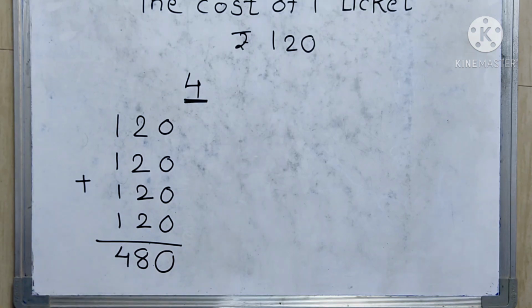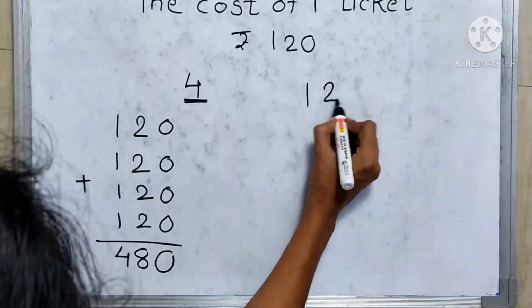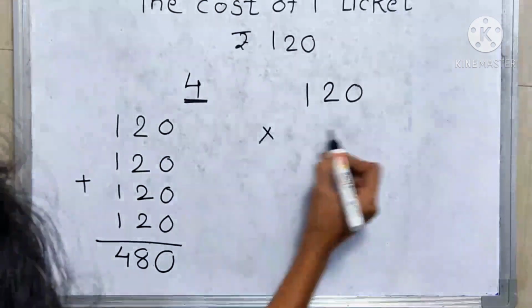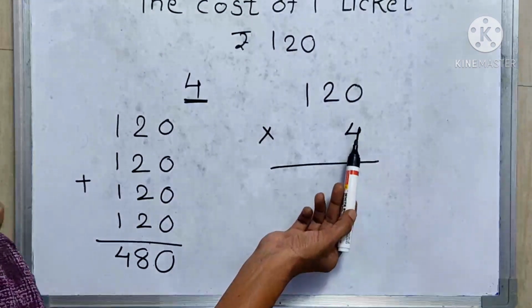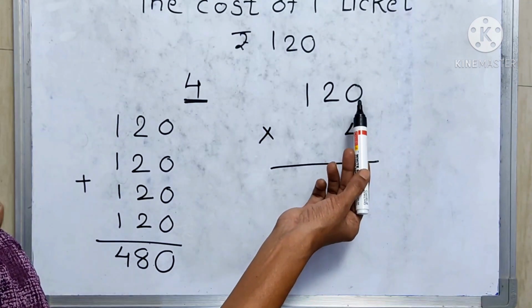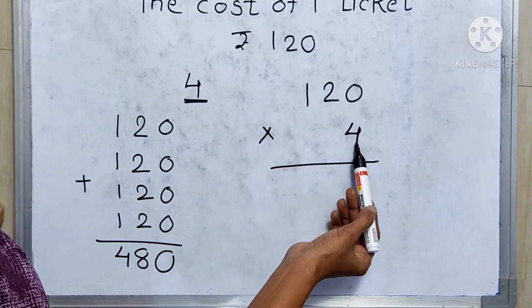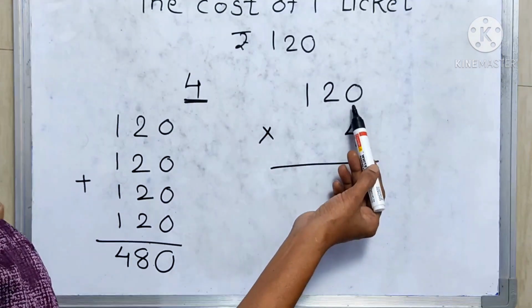And the second method is multiplication. Multiply this 120 by 4. First, multiply this 4 with 1's place digit, then 10's place digit and then 100's place digit. 4 multiply by 0.